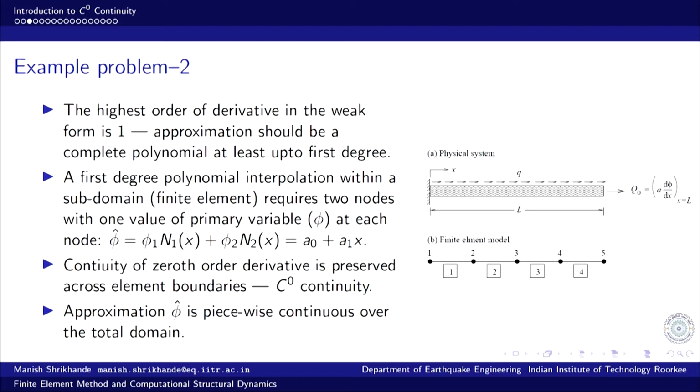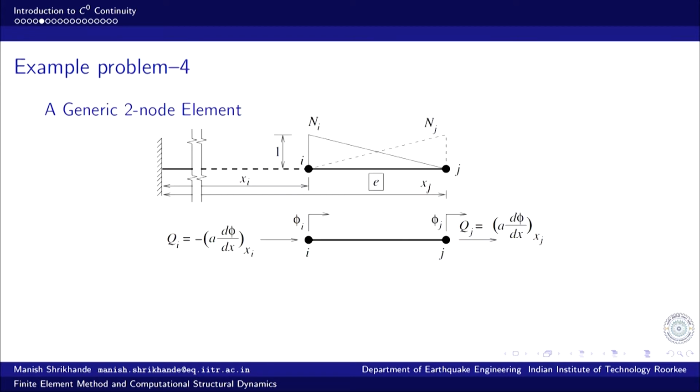Alternatively, we can also develop these C 0 continuity interpolation functions by using Lagrange's interpolation formula, and this is what a generic 2 node element interpolation looks like.